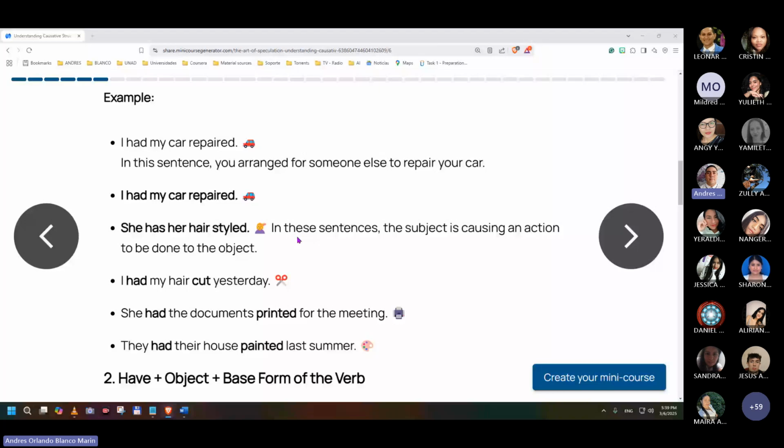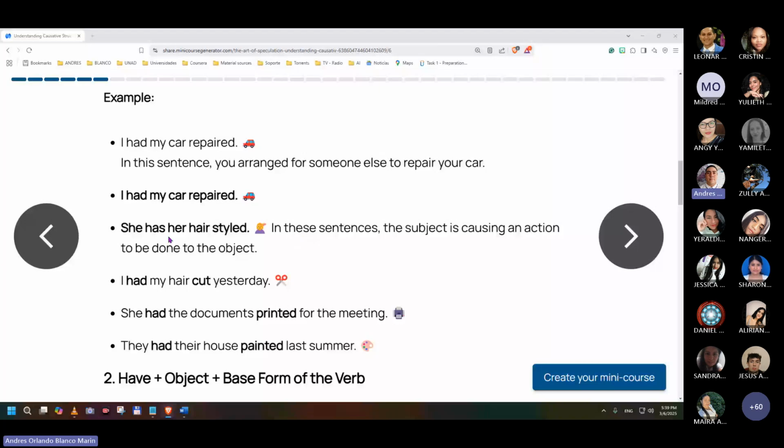So she's not going to comb her hair by herself. She's going to get someone that is a professional. So she has her hair styled. The present simple here implies that it is some sort of routine. It's something that she always does.